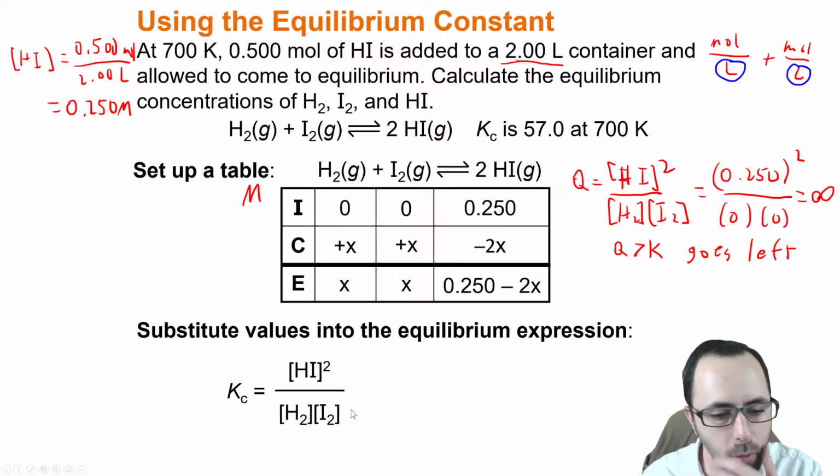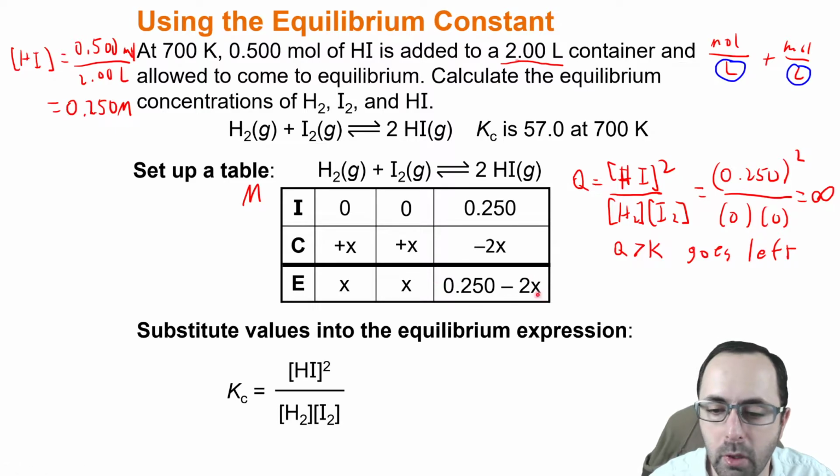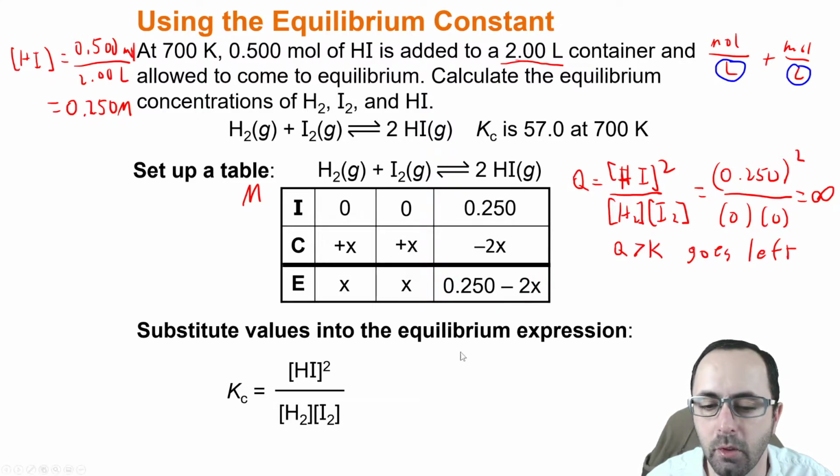And so now we're going to plug our equilibrium concentrations that are stated in terms of X right in there. So for HI squared, we're going to plug in 0.5 minus 2X. And that's going to be equal to Kc. So we're given the Kc here, it's 57.